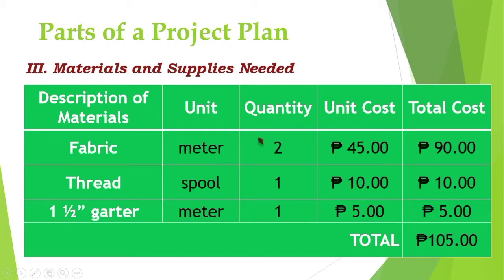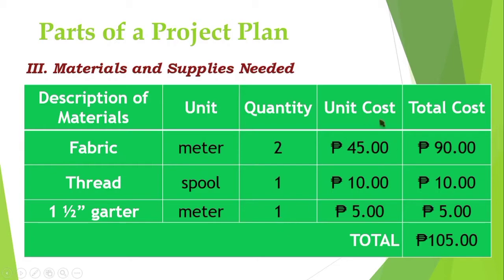And then for the quantity, say for example, you bought 2 meters of fabric, so you put here 2. For the spool of thread, usually this project will just need 1 spool. So you put here 1, and then garter also 1 meter.